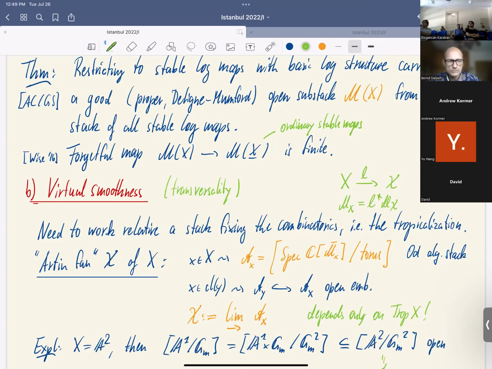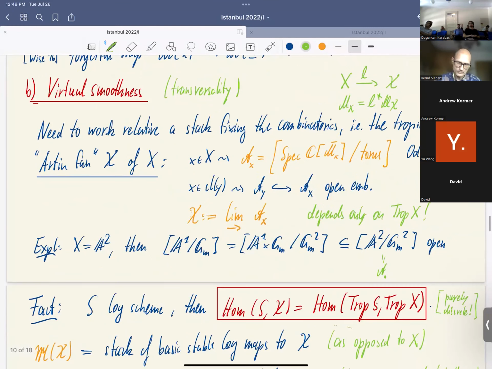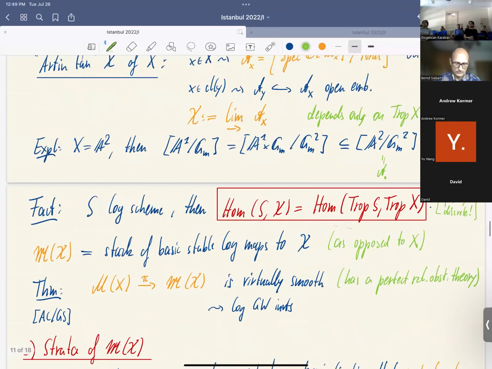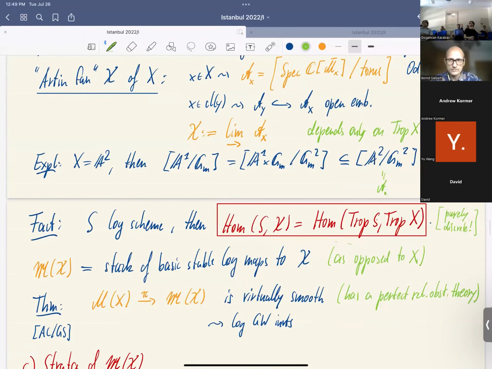Instead of considering the map from the moduli space of stable log maps to the Artin fan, because that moduli space has a log structure, the basic log structure you said, we can take a look at the Artin fan of that stack. We can consider a map directly from the moduli space to the Artin fan of the moduli space.